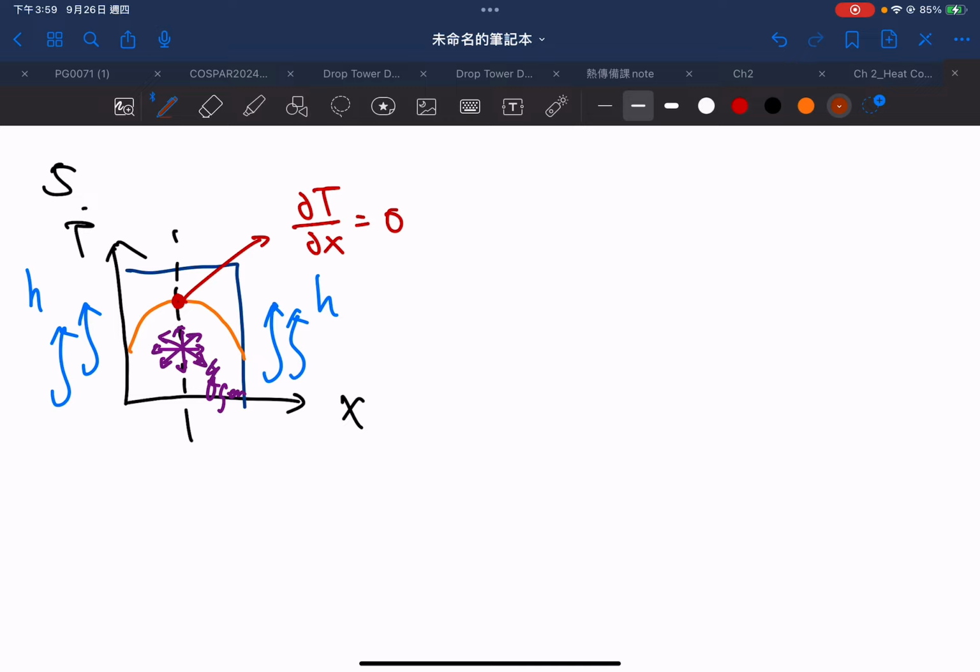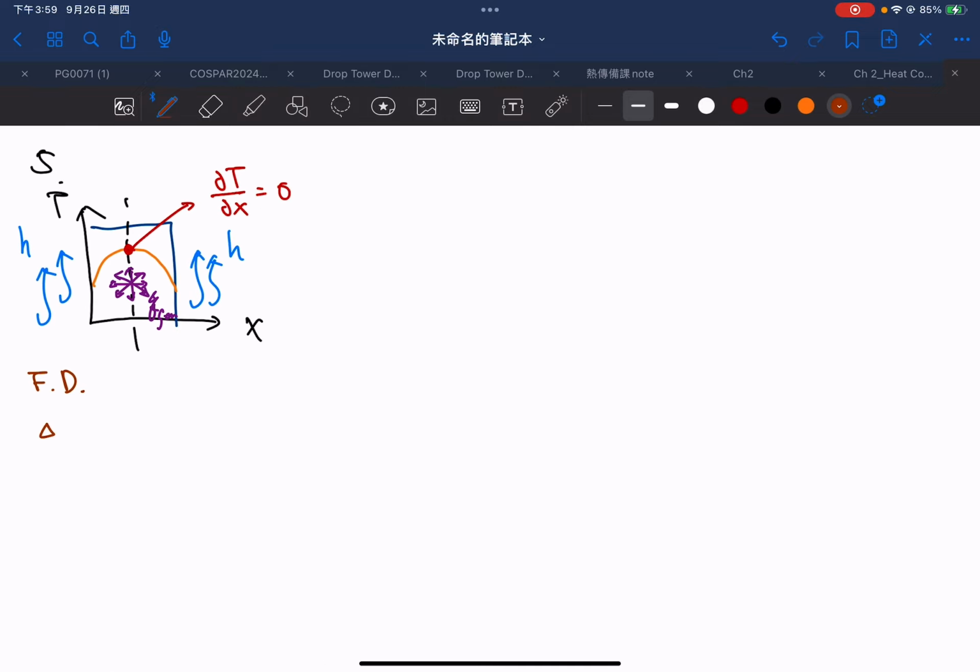So in fluid dynamics, if you have delta P, then in the pipe flow you will have a parabolic profile. This is your V. But if you don't have the delta P, then this becomes the Couette flow.